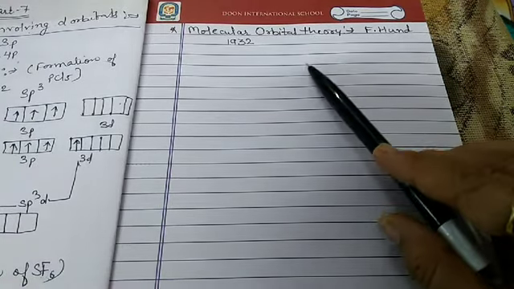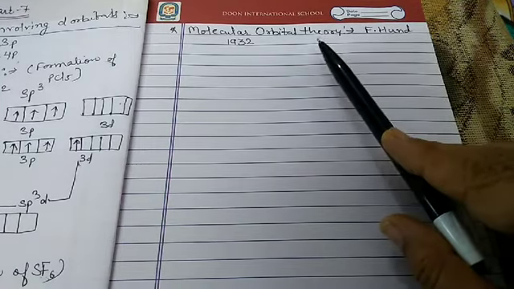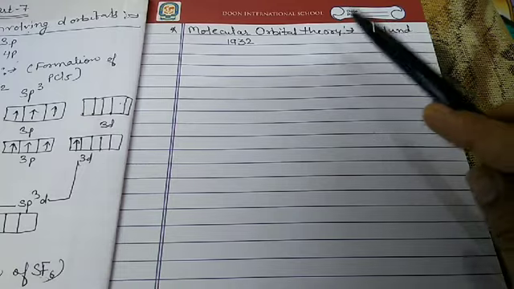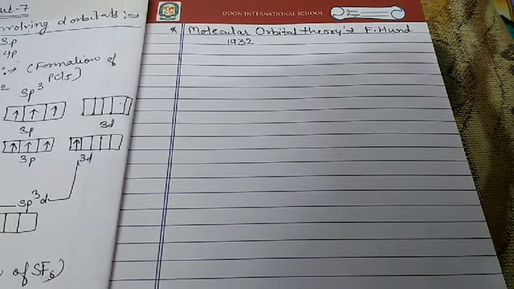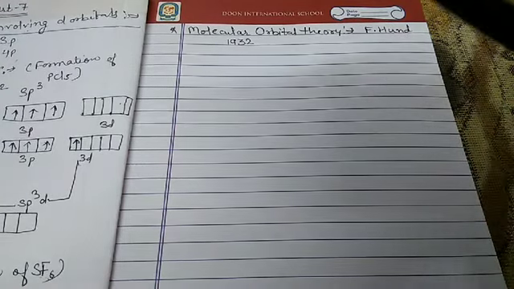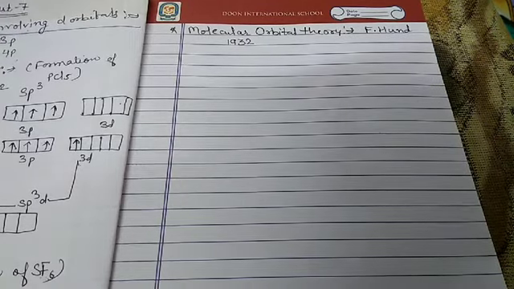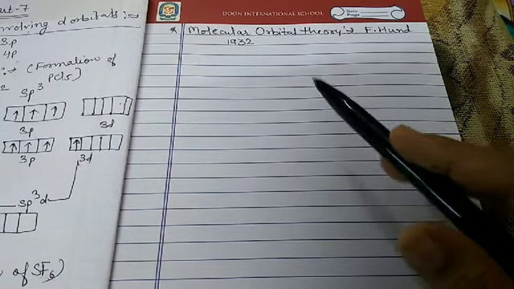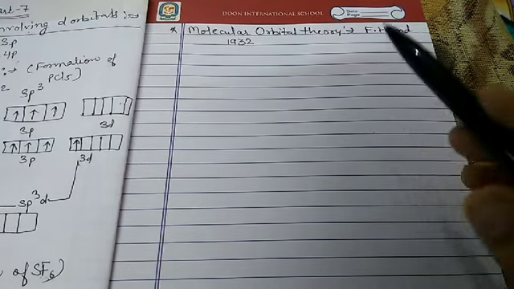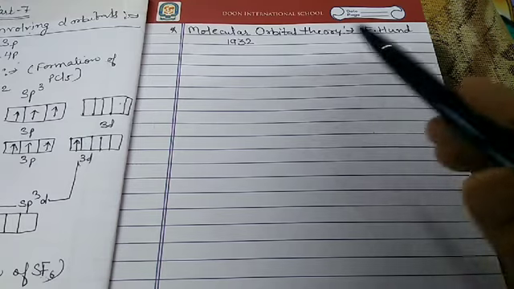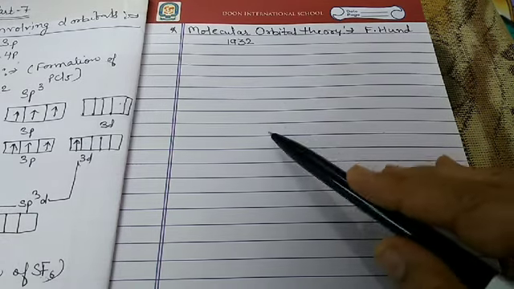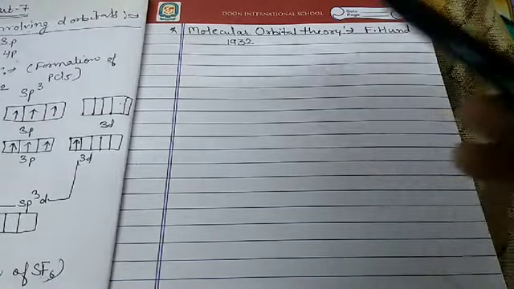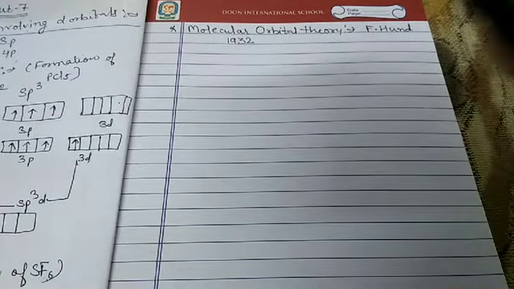The first feature of this theory is that the electrons in the molecule are present in various molecular orbitals. I am not talking about the atom, I am talking about the molecule. The electrons in the molecule are present in various molecular orbitals as the electrons of the atom are present in various atomic orbitals, because the atom has atomic orbitals and the molecule has molecular orbitals.